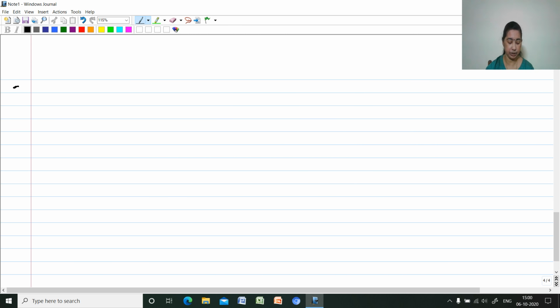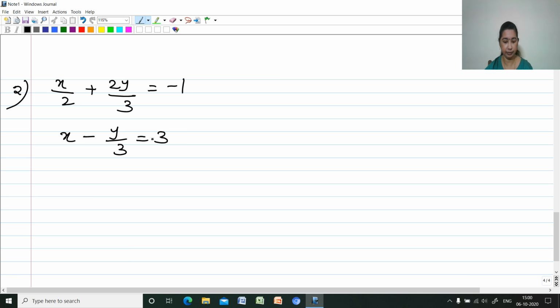Then next question. x/2 + 2y/3 = -1, and the second equation is x - y/3 = 3. So the first one is x/2 + 2y/3 = -1. We can make it a proper equation, that is, you multiply by cross multiplication.